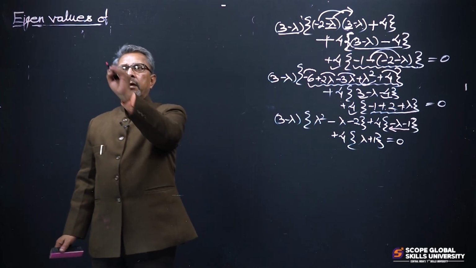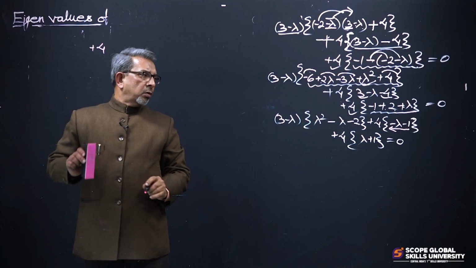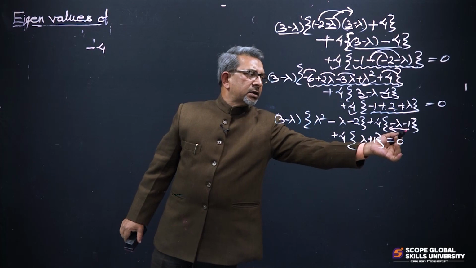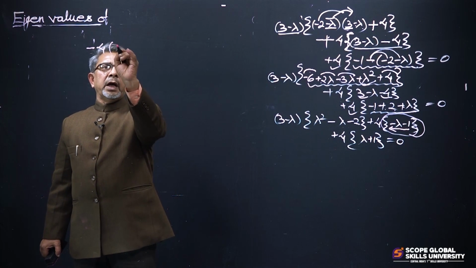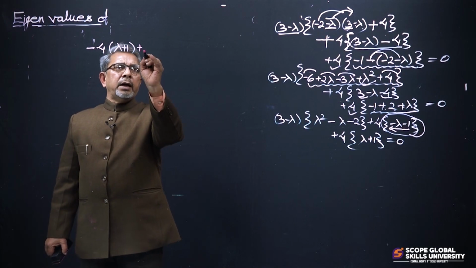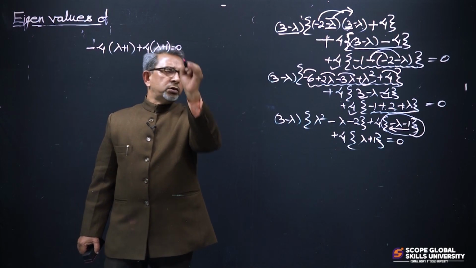So, we get plus 4 which becomes minus 4 after taking the minus sign common from this bracket, and remaining we have lambda plus 1, and 4 multiplied by lambda plus 1 which is equal to 0.